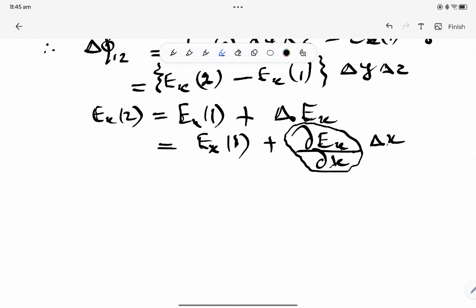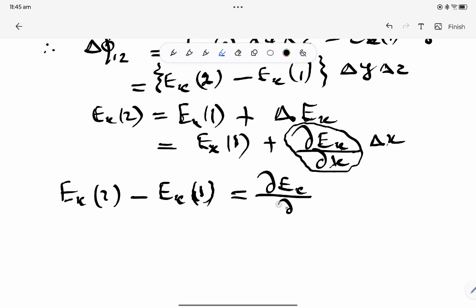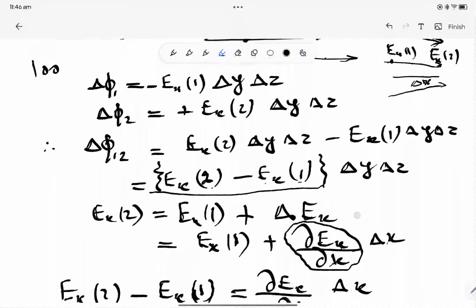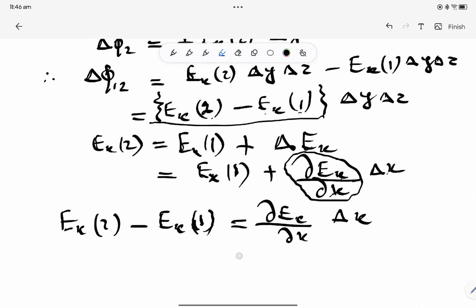Now, you can write Ex2 minus Ex1 is equal to, when I transpose this to this side, I am left with del Ex by del X, delta X. And when I substitute this in the equation for the resultant flux through these two phases 1 and 2, where I have Ex2 minus Ex1 delta y, delta z, I replace this by this, but keep these things there.